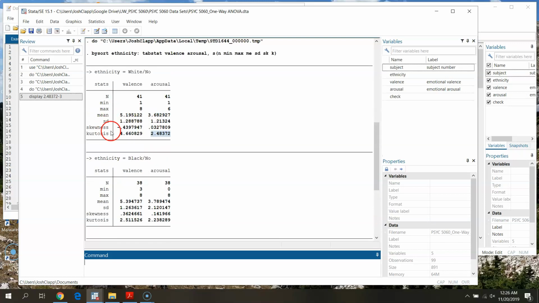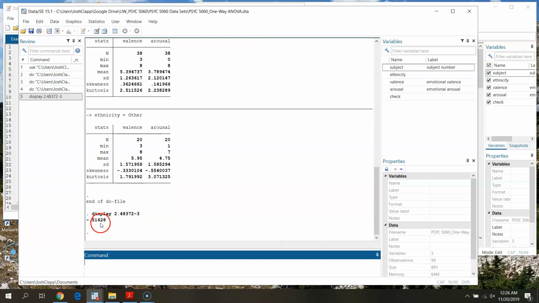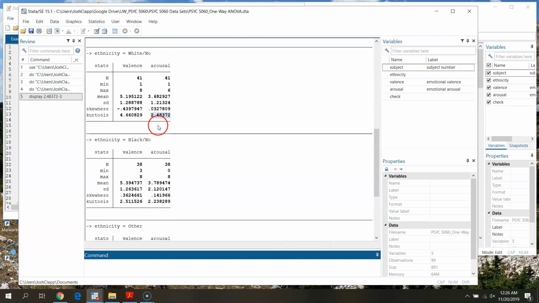Skew for our white non-Hispanic group, skew's good. Our kurtosis is 1.66. It's not too bad. Arousal skew is near 0. Kurtosis value negative 0.51. So nothing too much to worry about here.